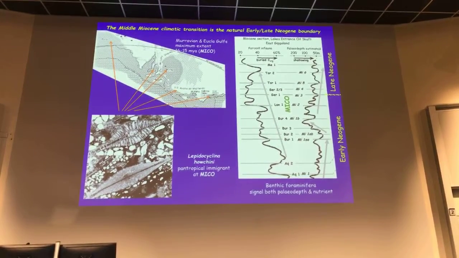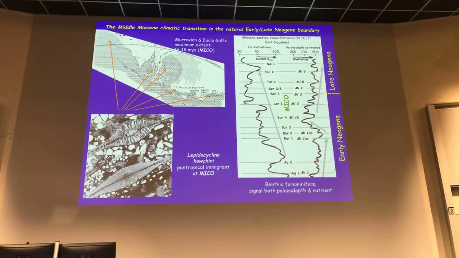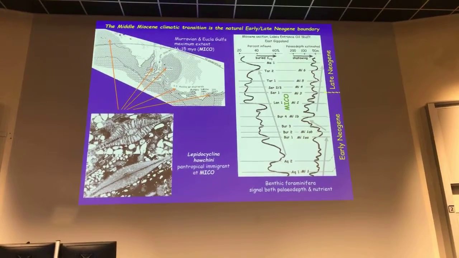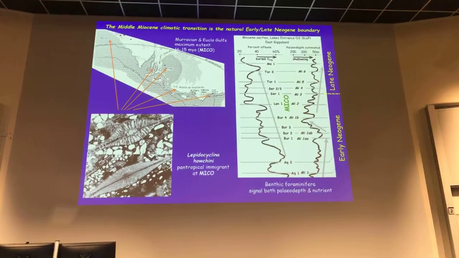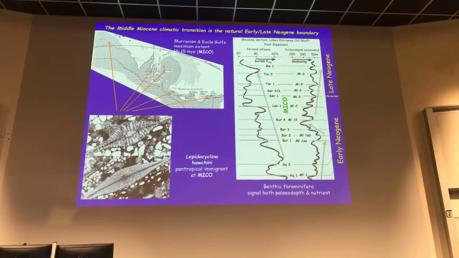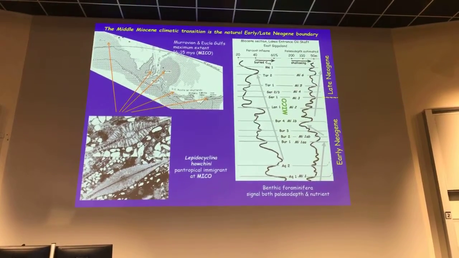The diagram on the right is using the same foraminifera in a different sort of data set, binning them into inner neritic and outer neritic, or shallow and not so shallow.